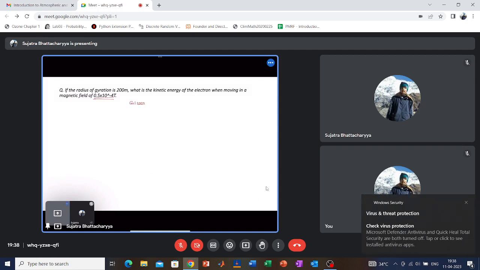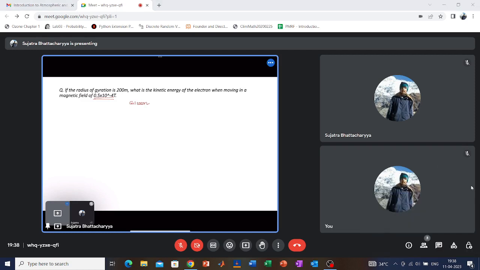Given: radius of gyration, that is 200 meters. Magnetic field is 0.5 into 10 to the power minus 4 Tesla. Kinetic energy I need to find out.